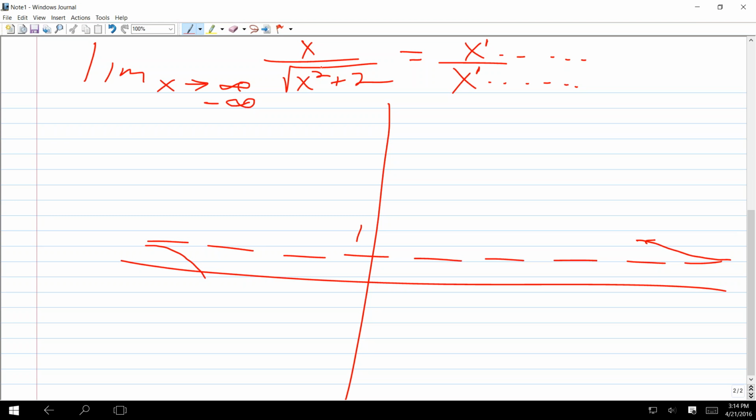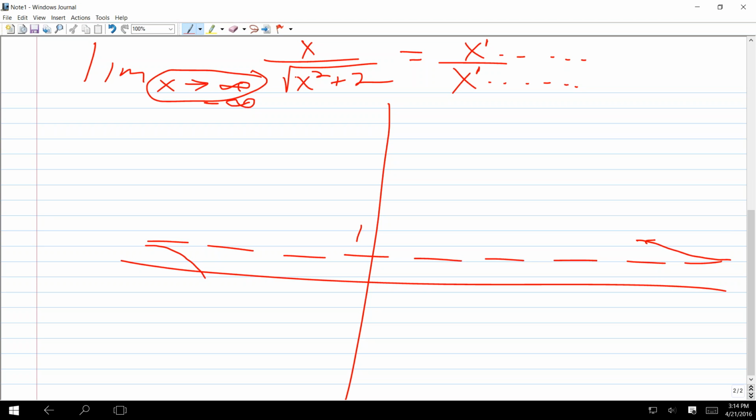A negative squared is a positive, so once we come up with that answer, it's got to be the same for the other side. You end up approaching a horizontal asymptote as x goes to infinity, or in this case, negative infinity also.